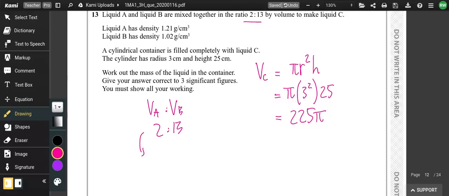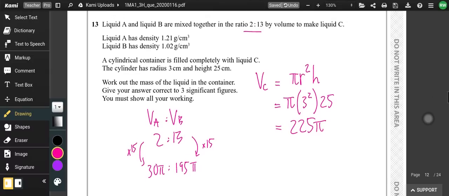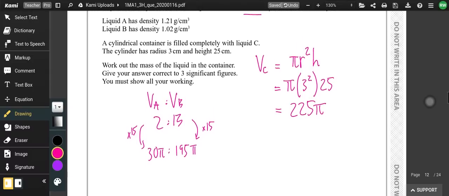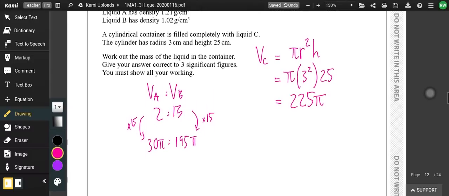So I'm going to times both of these by 15. So we get 2 times 15 is 30 pi. And then this one is 195 pi. So that's how much volume we have of each liquid. And then we're asked to find out the mass of the liquid.